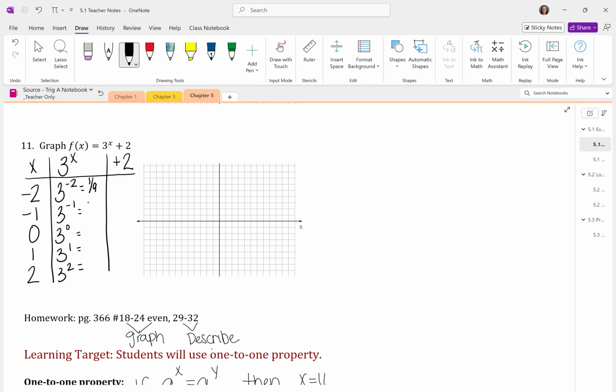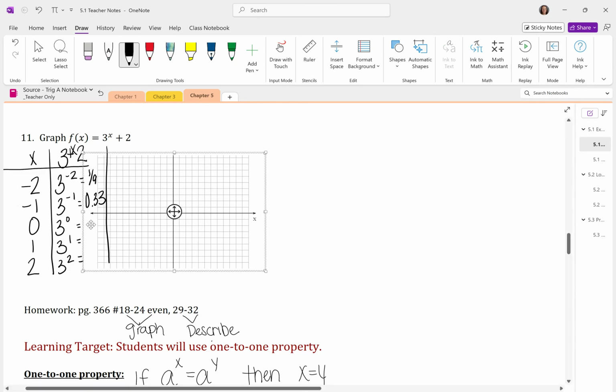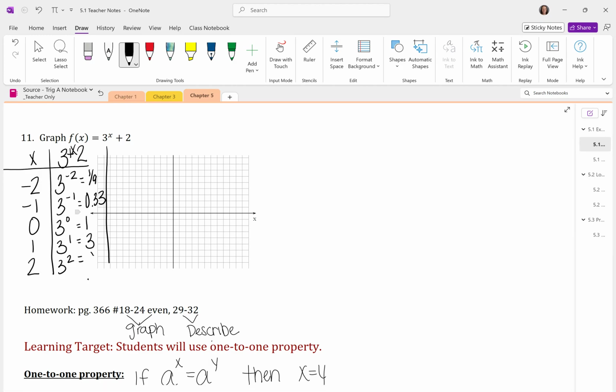This would be 0.33. 1, 3, and 9. And then you are going to add 2. So this would be 2 and 1/9, 2.33, 3, 5, 11. And I'm not sure what this decimal would be.